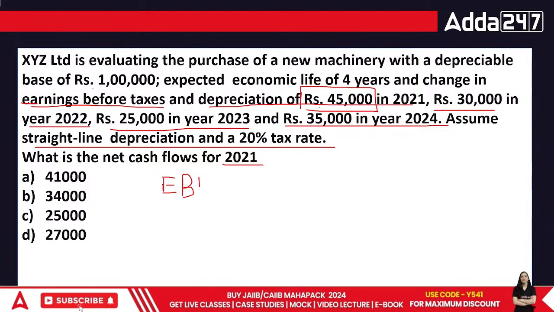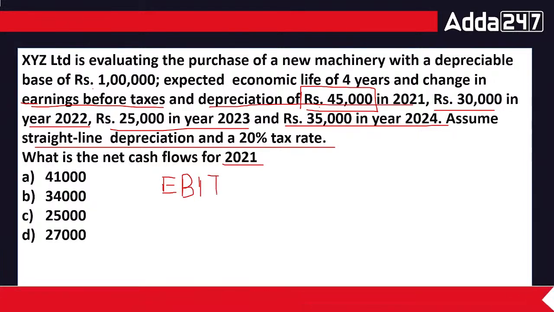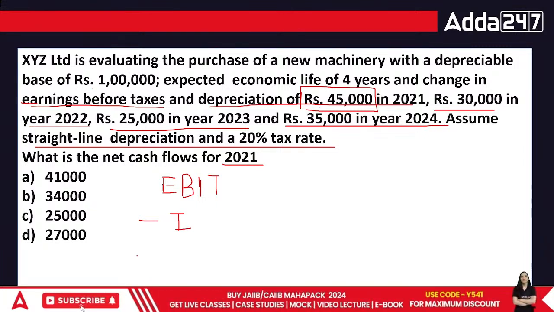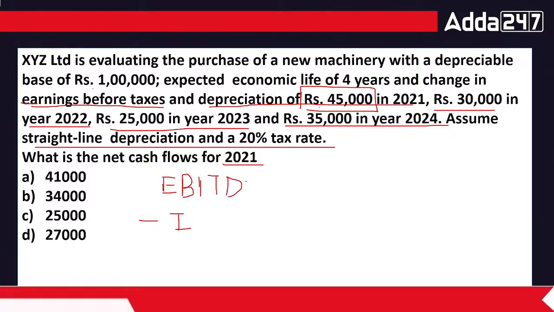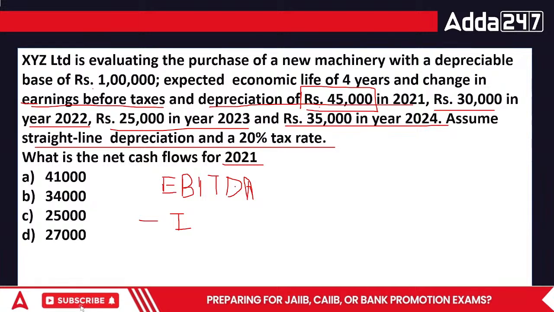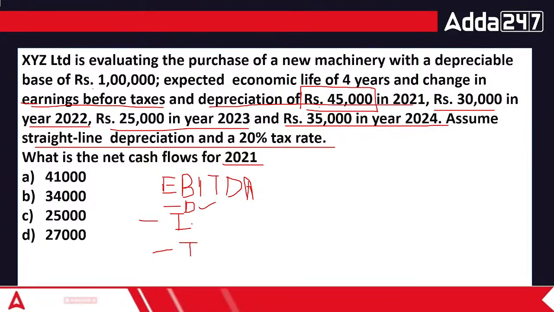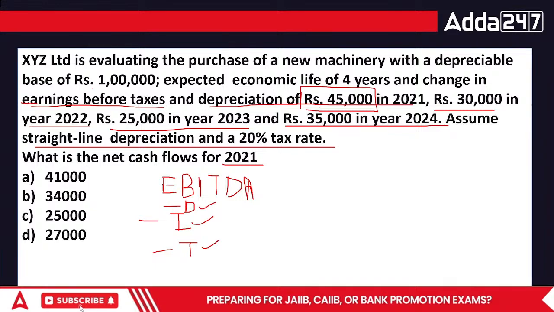From your EBIT, first of all, you have to remove interest. Then there is depreciation and amortization as well. So first of all, you can remove depreciation, then you remove interest, and then you remove tax. So this is the sequence: depreciation, interest, and tax.